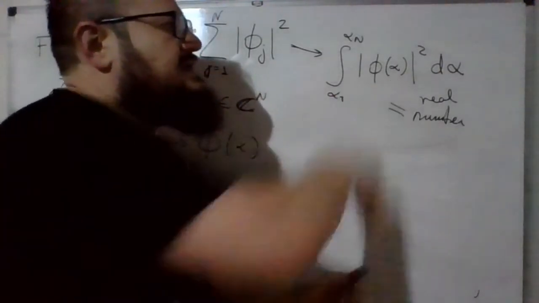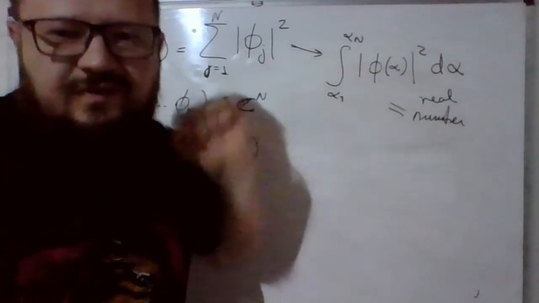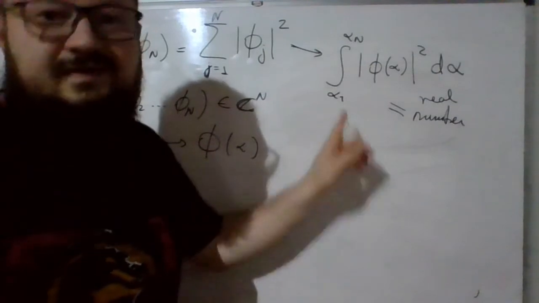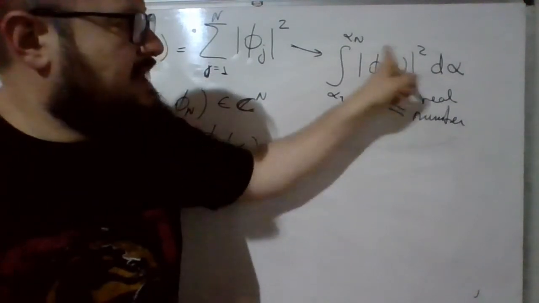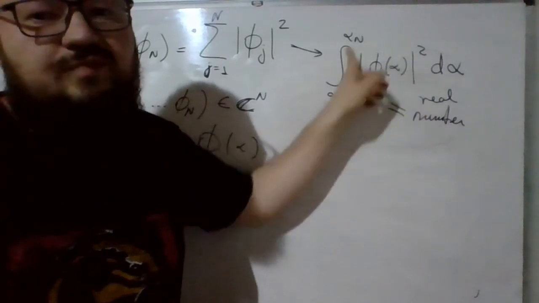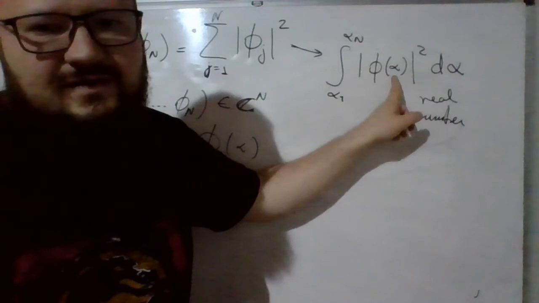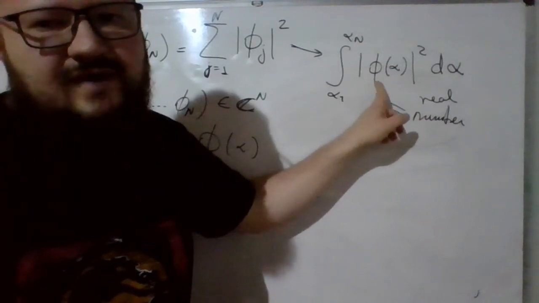Here I have another object which produces a number, but in this case the input has a continuous index for the allowed values of phi.